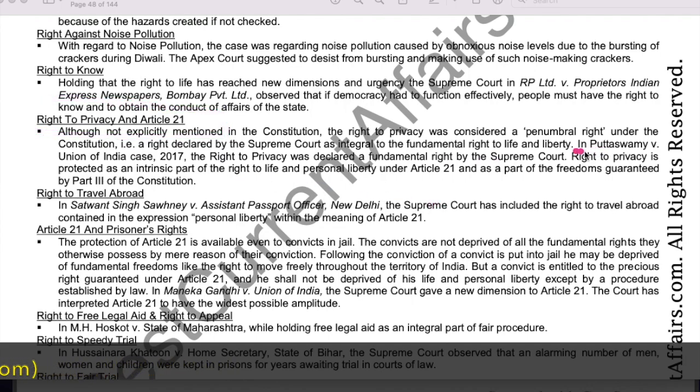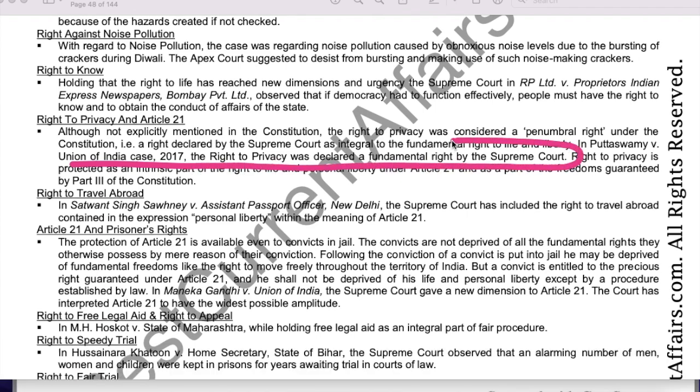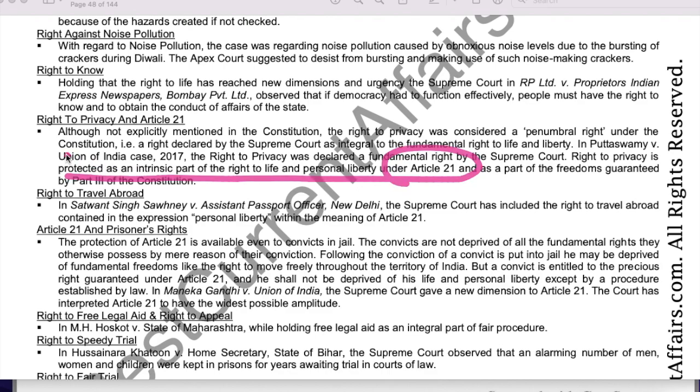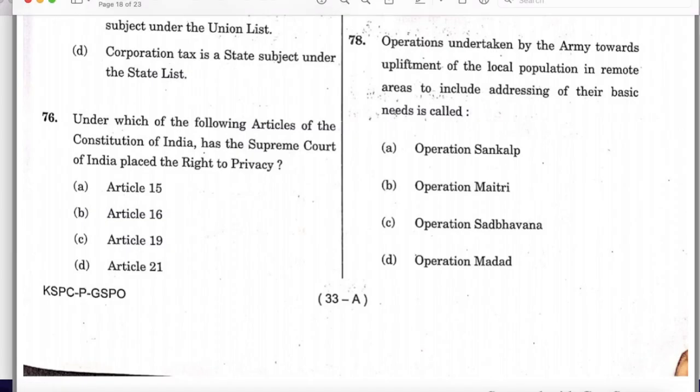In Puttaswamy versus Union of India case 2017, right to privacy was declared a fundamental right by the Supreme Court of India. Right to privacy is protected as an intrinsic part of the right to life and liberty under Article 21. Therefore, D is the answer, and this question is solved.